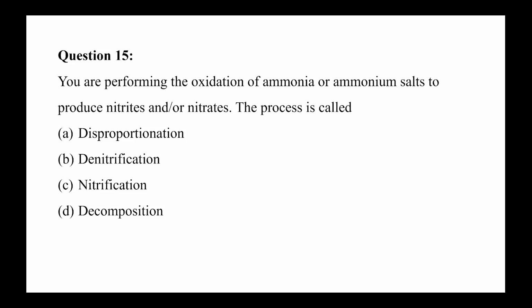Question number 15. You are performing the oxidation of ammonia or ammonium salts to produce nitrites or nitrates. This process is called what? Option A, disproportionation. Option B, denitrification. Option C, nitrification. And option D, decomposition.